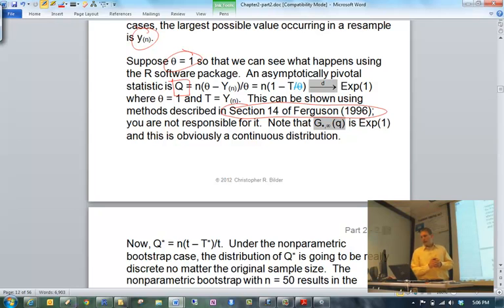Q, my quantity that I'm going to use, is n times theta minus the nth order statistic, divided by theta. In our case, theta is going to be 1. But no matter what theta is, this distribution is going to converge to exponential 1. So notice it's not normal. This is one of the few places where you don't have an asymptotic normal distribution. Instead, it's actually exponential.